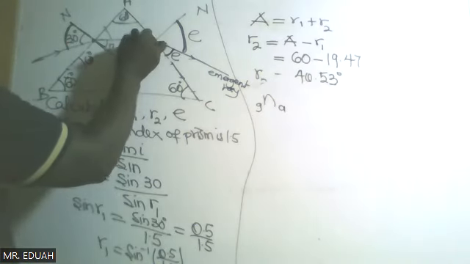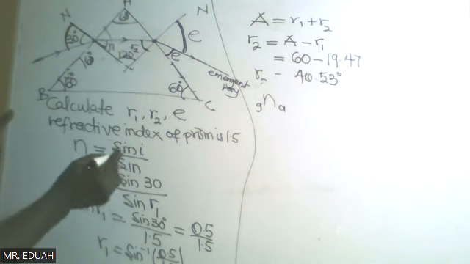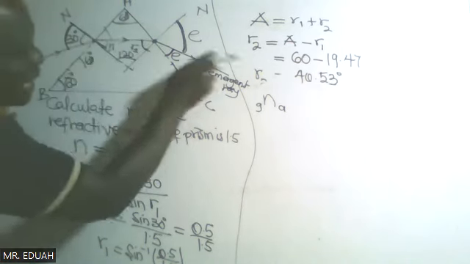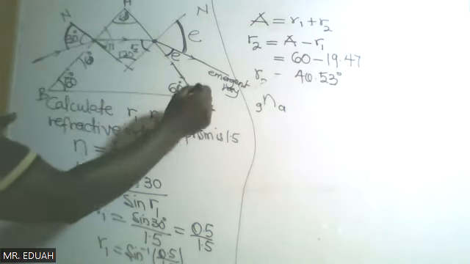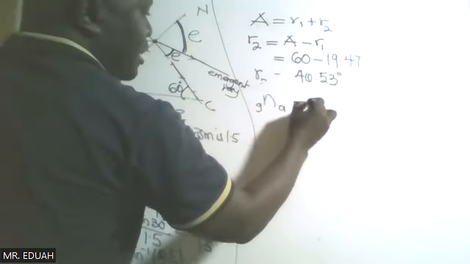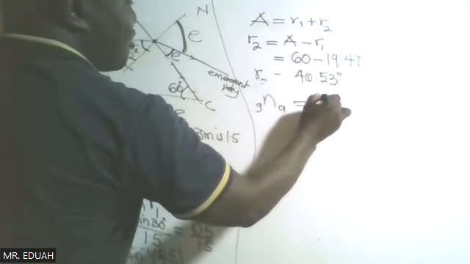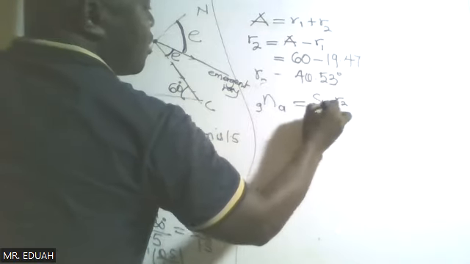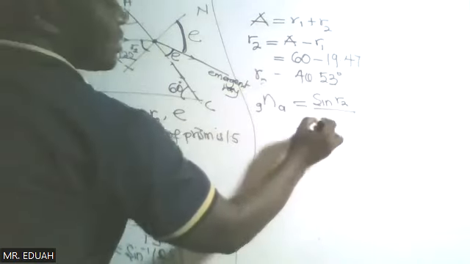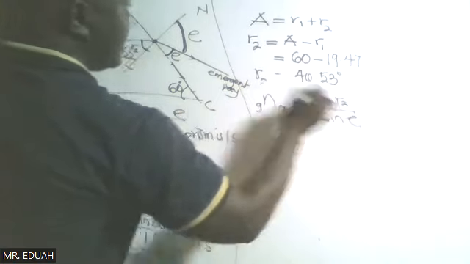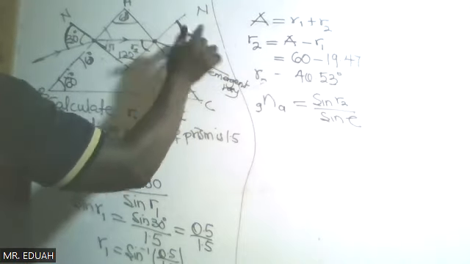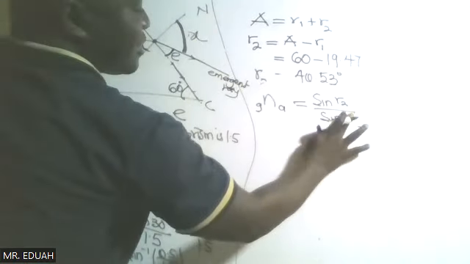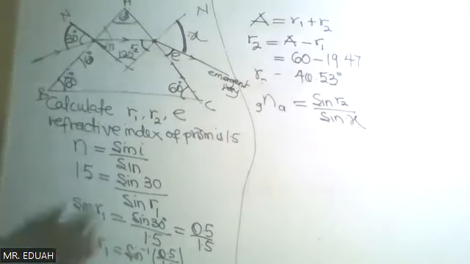And this R2 becomes, because you are moving from glass to air, the angle of incidence with respect to AC. So this is sine of R2 over sine of E. To distinguish this E from this, let's represent this by X. So this becomes the angle of refraction.